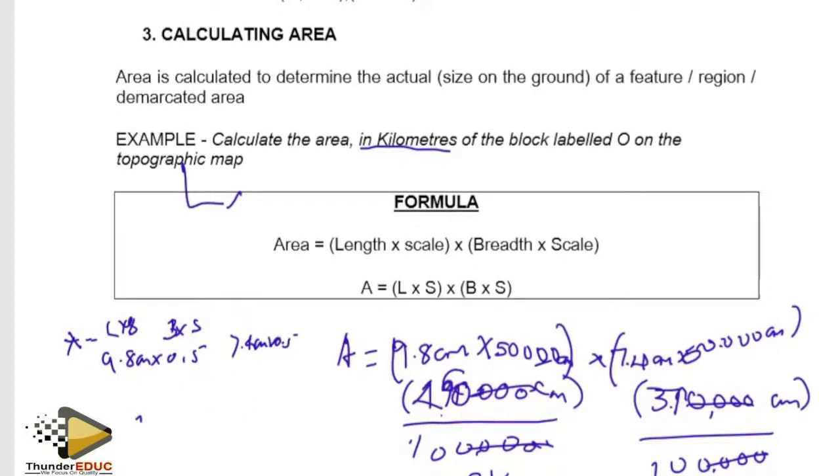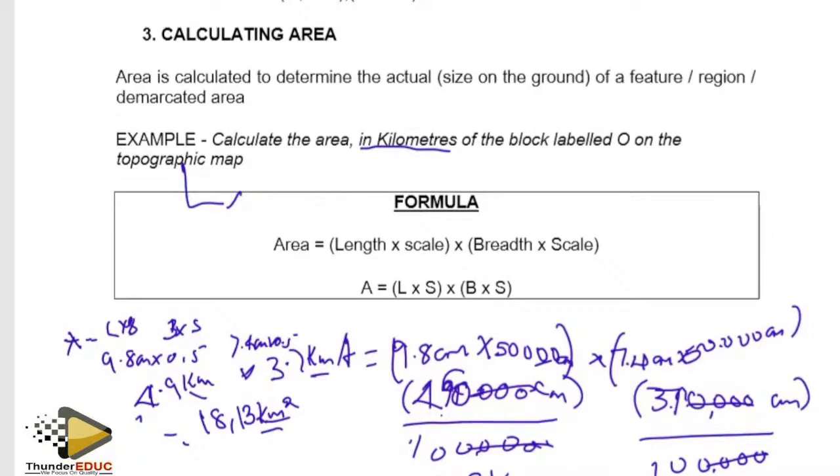So that when you multiply this by this, it still gives you 4.9 kilometers times 3.7 kilometers. So the final answer you're going to get is 18.13 kilometers squared. I want you to understand that the moment you put kilometers here and kilometers here, I will know where the kilometer squared is coming from. But if you don't put kilometers and you end here and you put kilometer squared, the question is where this kilometer squared comes from.